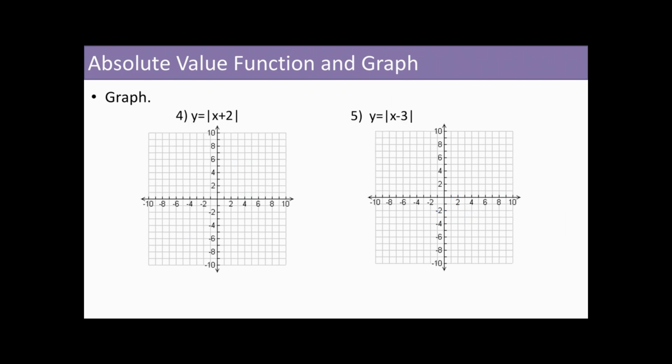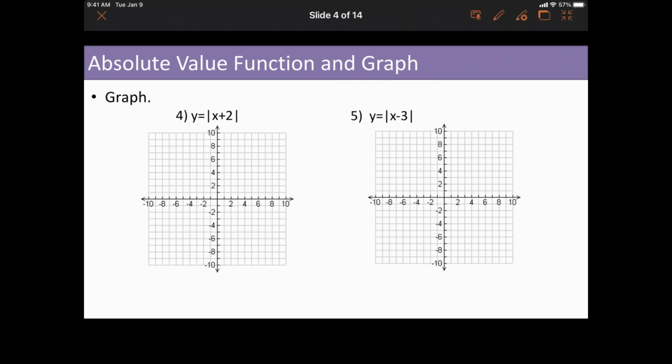But what happens if the number's on the inside of the absolute value? All right, so this one I am going to table it so you can see. Let's start with -1. So if I put -1 plus 2, what's going to happen? 1. If I put in 0 plus 2, it goes to 2. What if I put in +1?